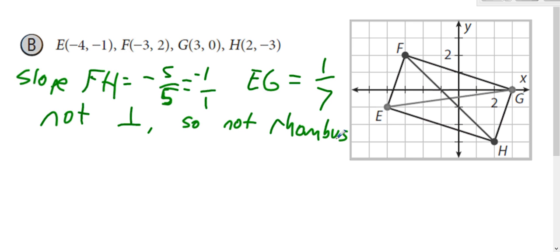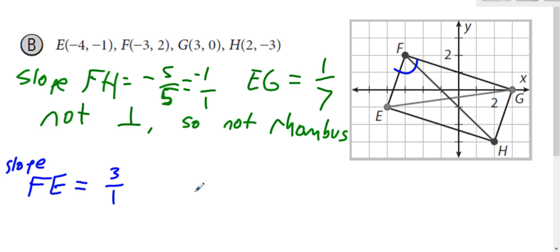It looks like it very likely is a rectangle, so we just have to check if it has a right angle. So to check to see if this angle is a right angle, we just have to see if those two lines are perpendicular, those two sides. So now we'll check the slope of FE. Goes up 3 over 1.